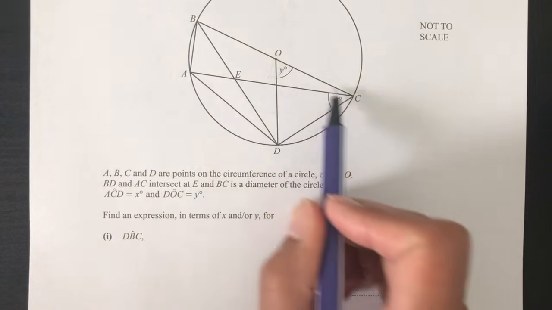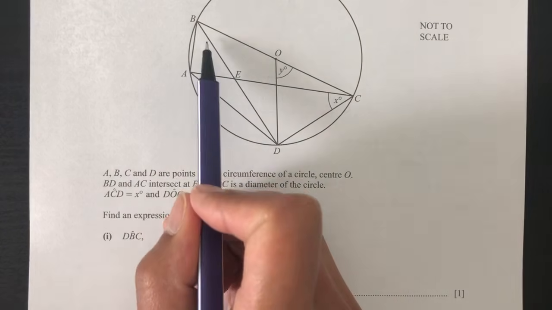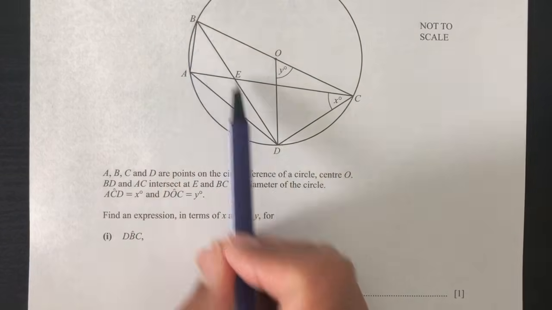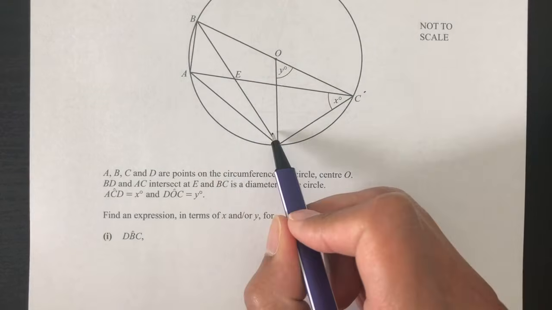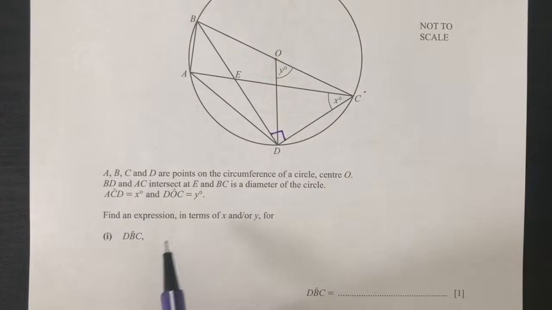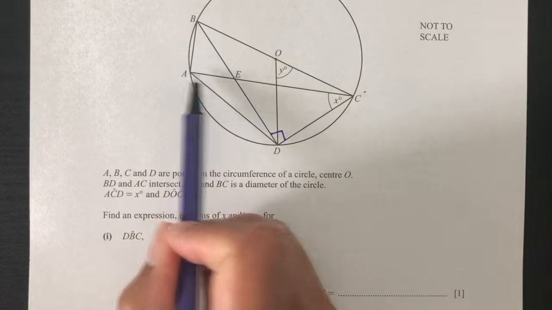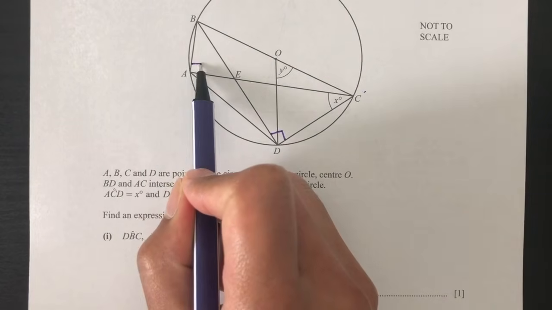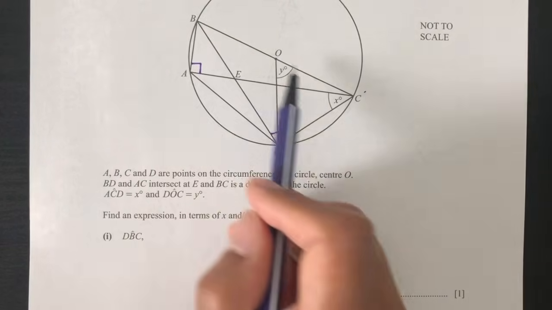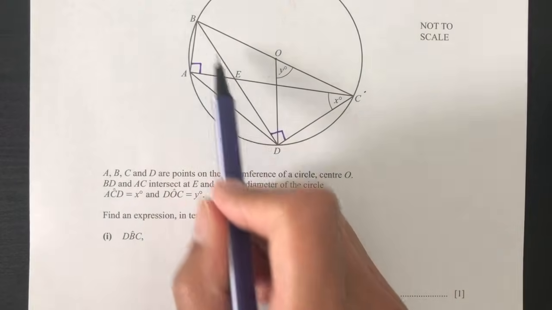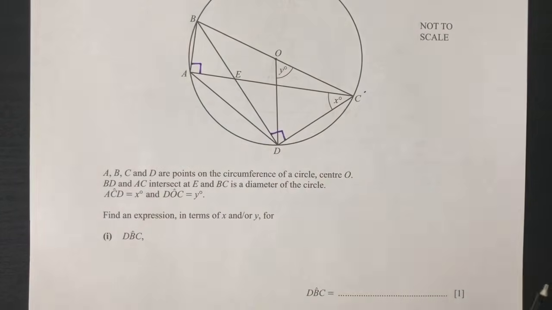So if you have BC here, and we have triangle BDC, and this is the diameter, it means that this is 90. Also, we have BAC, which will be 90 as well. It's by theorem that we know these two angles will be 90, because BC is the diameter and these are triangles over the diameter.